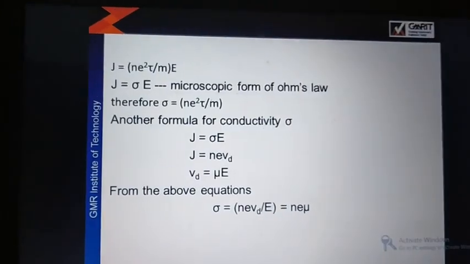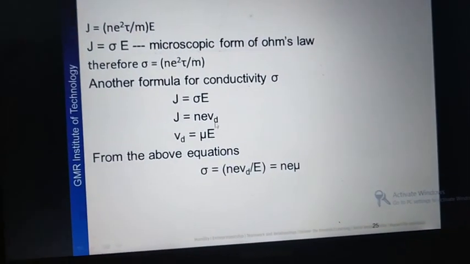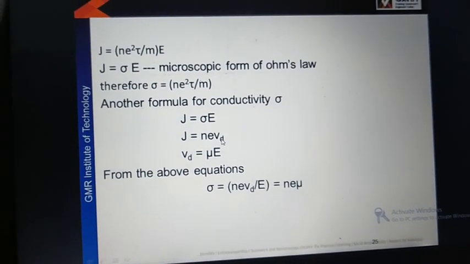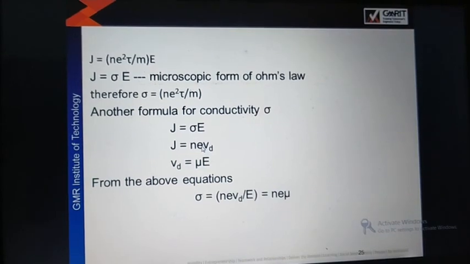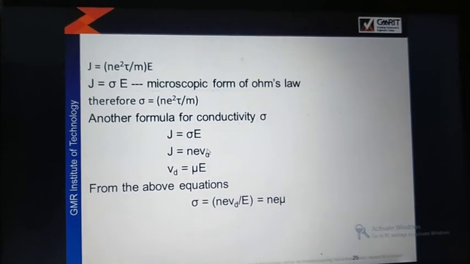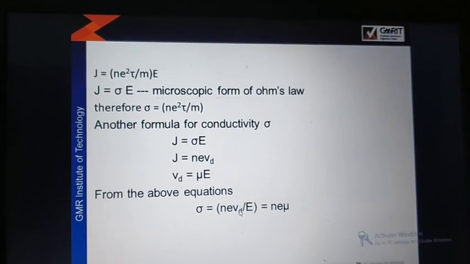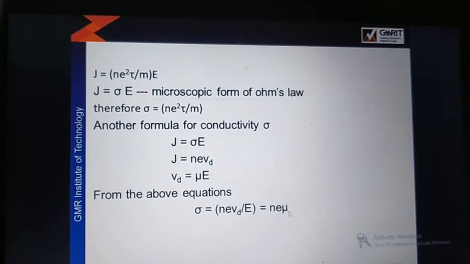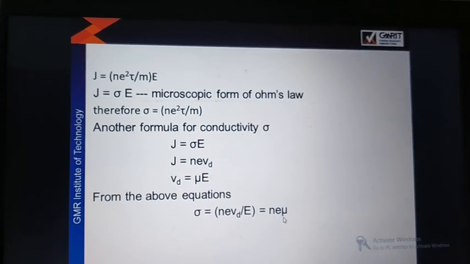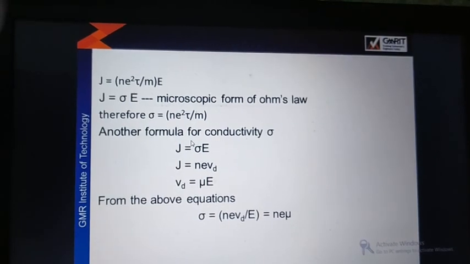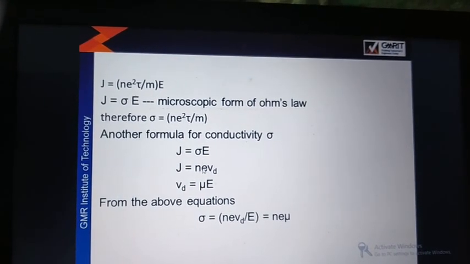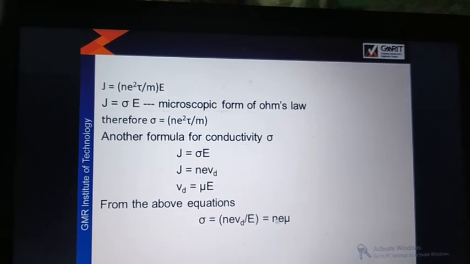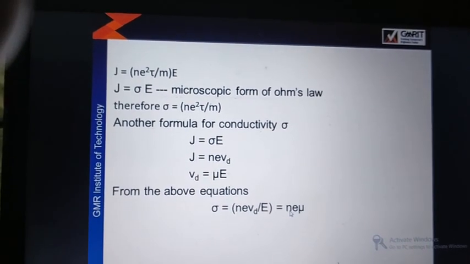So if I substitute Vd is equal to mu E here, this equation will become J equal to Ne mu E. If I compare these two equations, I will get sigma equal to Ne mu.